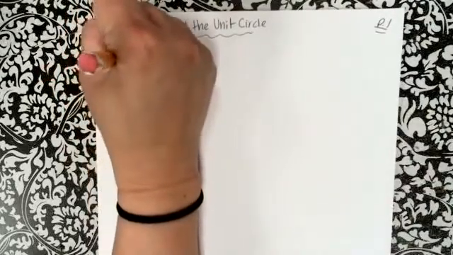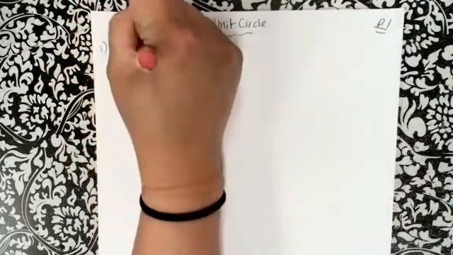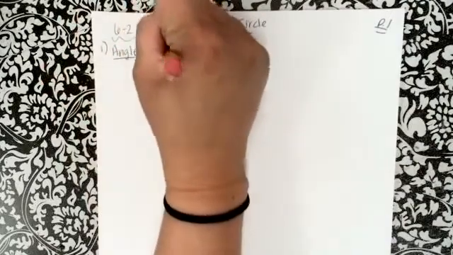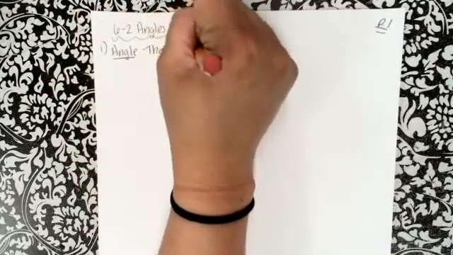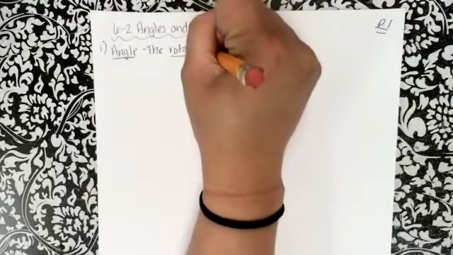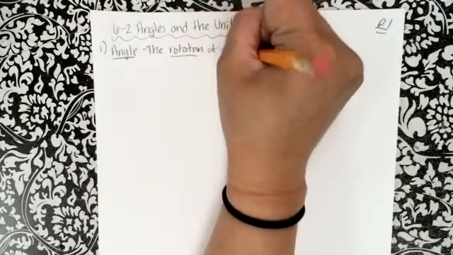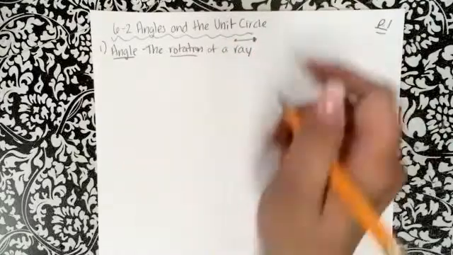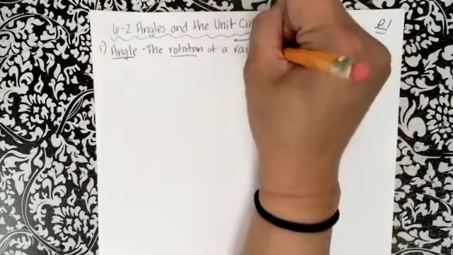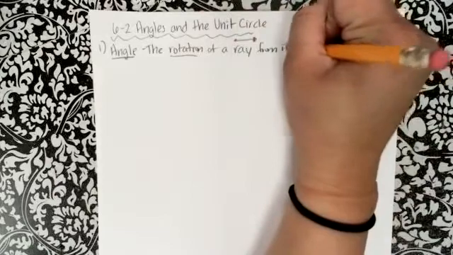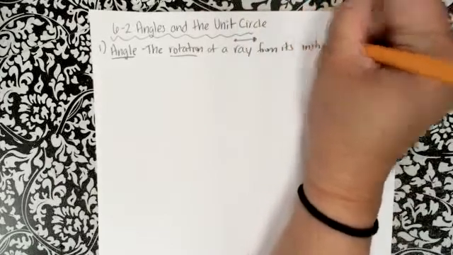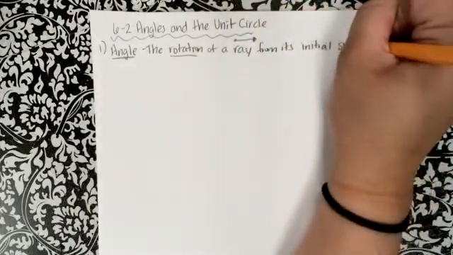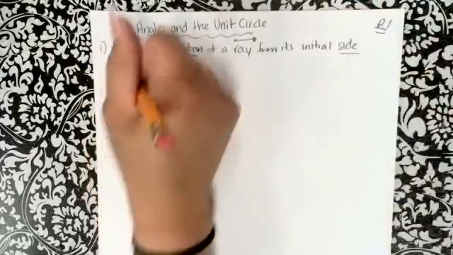An angle is the rotation of a ray. Now remember, a ray has a point and then an arrow, from its initial side to its terminal side.